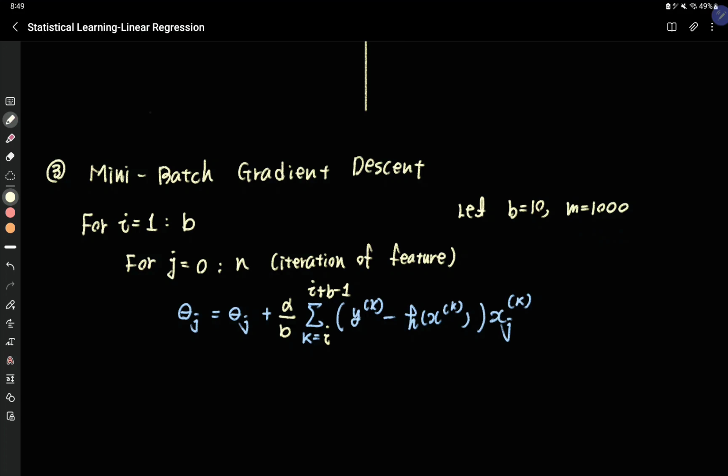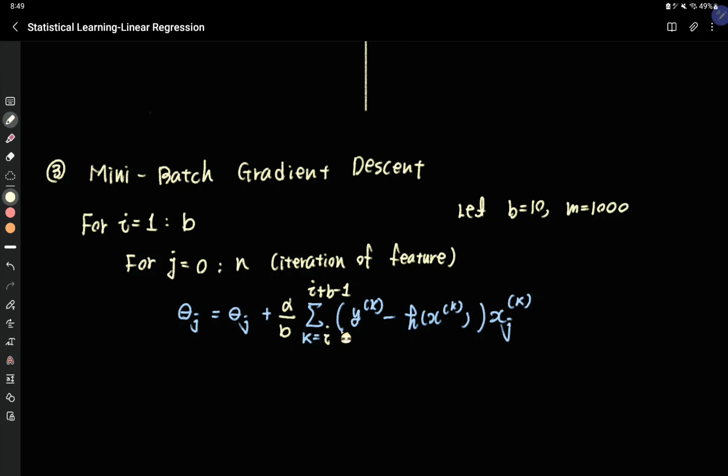So now for i goes 1 through b, and j goes 0 through n. Theta j, you see that right there. This is different from the BGD.